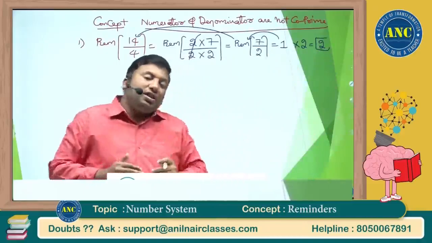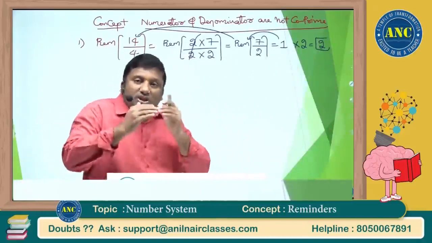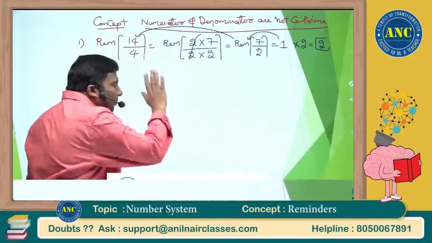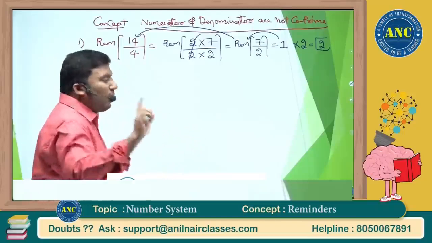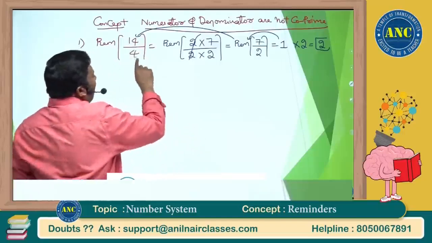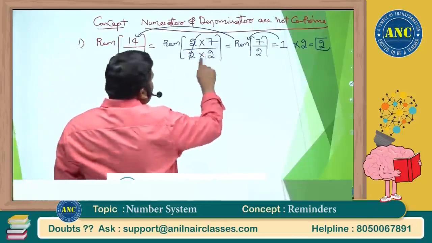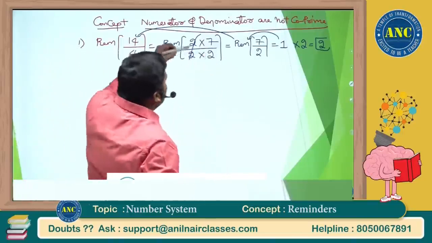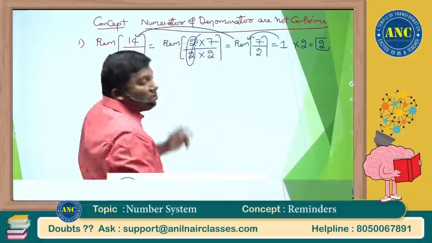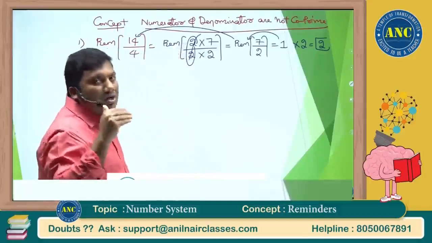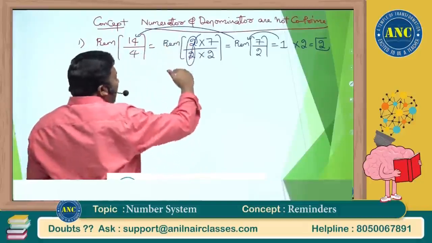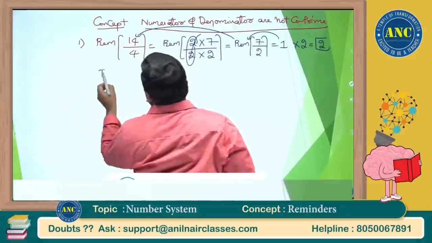Whatever concepts we used in sessions 1 to 4, we will make use of the same concept. For 14 divided by 4, 2 into 7, 2 into 2, what is the common factor? Because we know the logic of how to handle co-prime numbers, first we write down the logic.